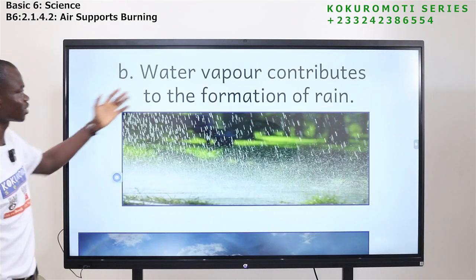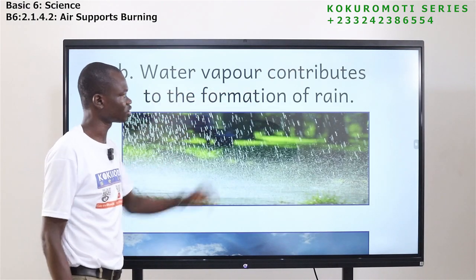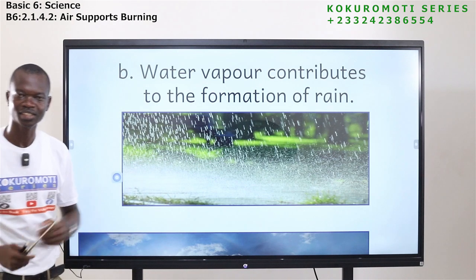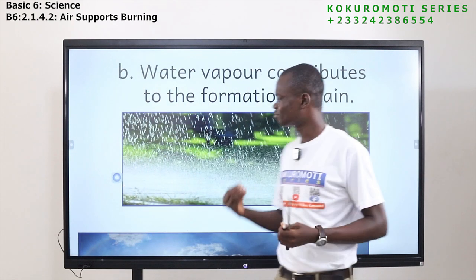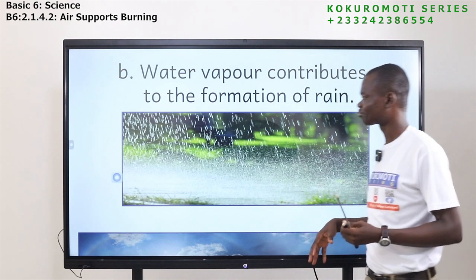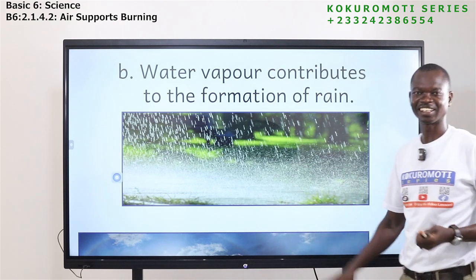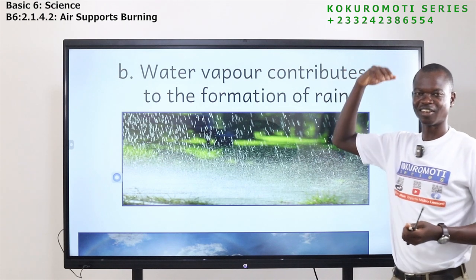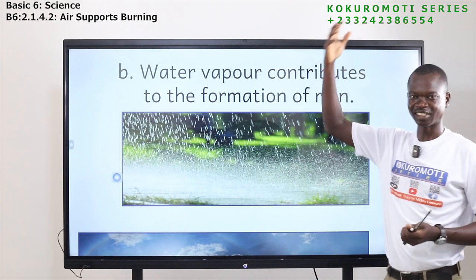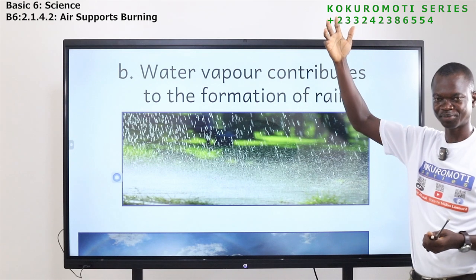The next one is that water vapor contributes to the formation of rain. So yes, anytime it rains, you should know that the rain water was once on the ground. It evaporated and then it went up.